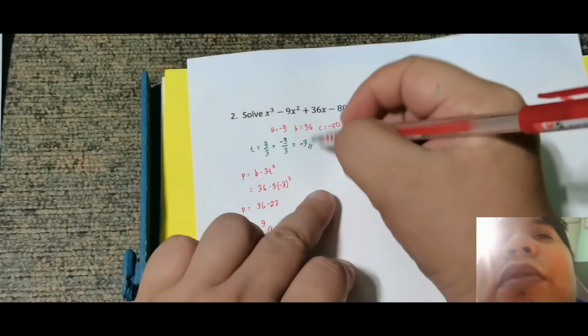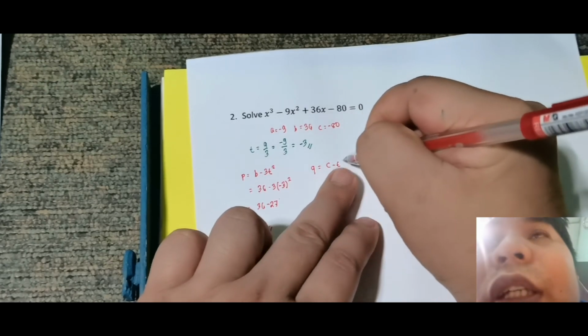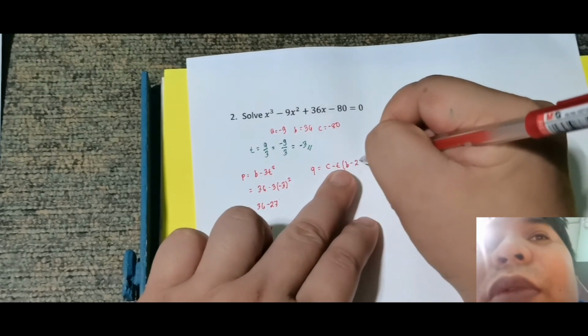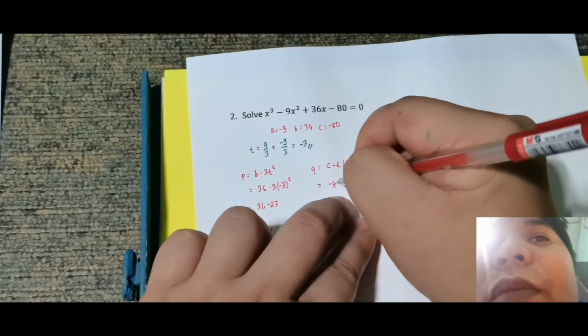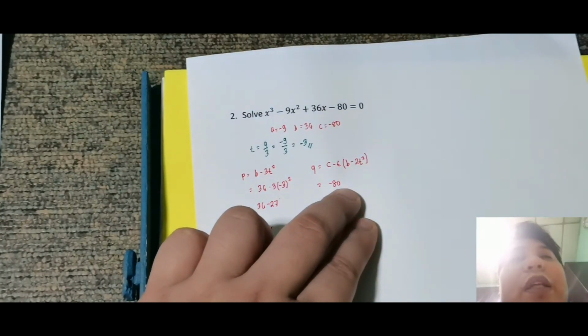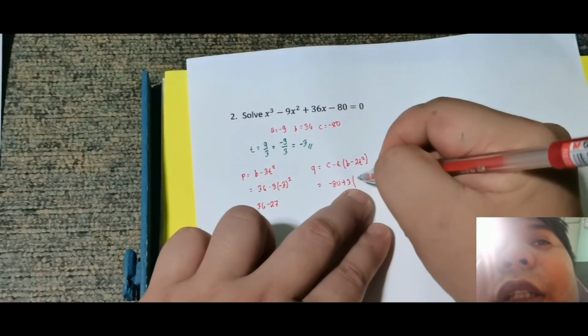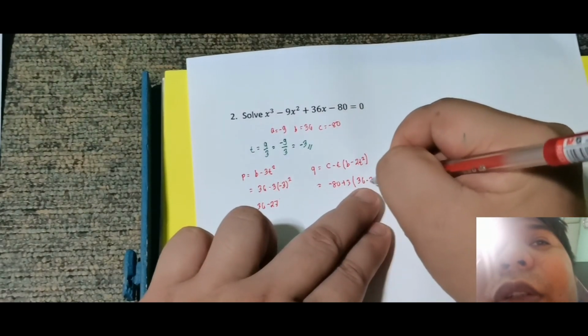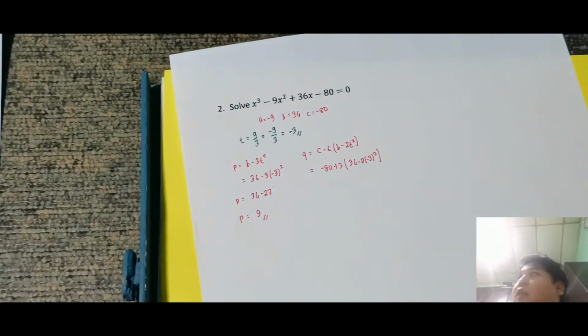Next, solve natin si Q. Si Q is equal to C minus T times B minus 2 T squared. So C is negative 80. Then negative of negative 3 is positive 3, multiplied by 36 minus 2 times negative 3 raised to 2.